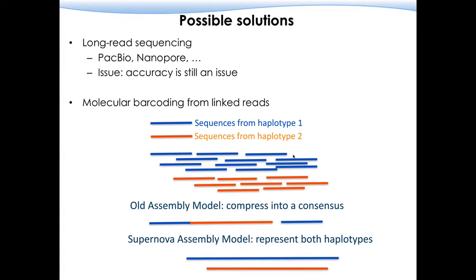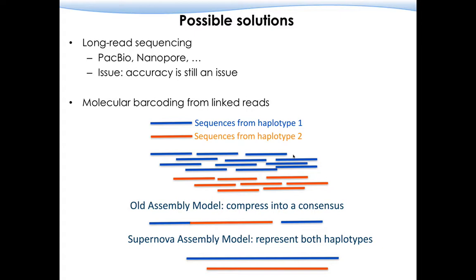So let's see what the solution for this is. Of course, you can use long-range sequencing like the PacBio or nanopore sequencers. They sequence very, very long reads. But as we mentioned earlier, the accuracy of these technologies is not very good, and they have a huge amount of sequencing errors.